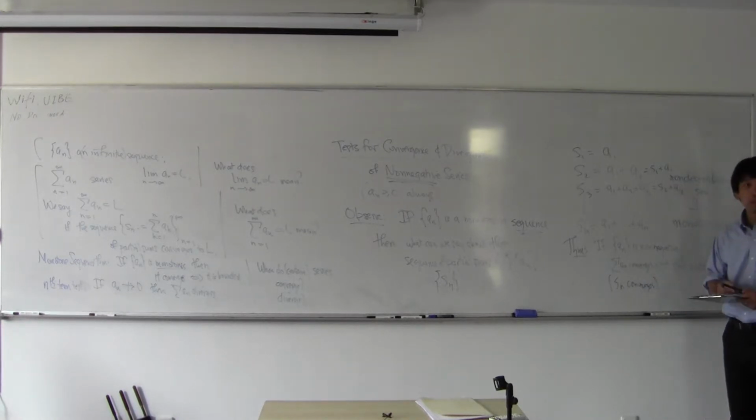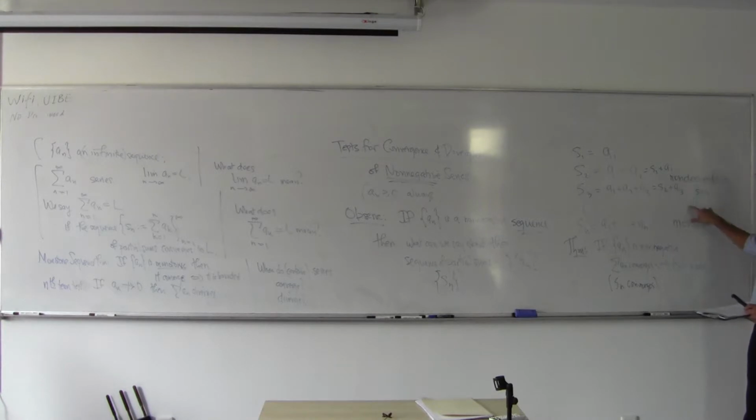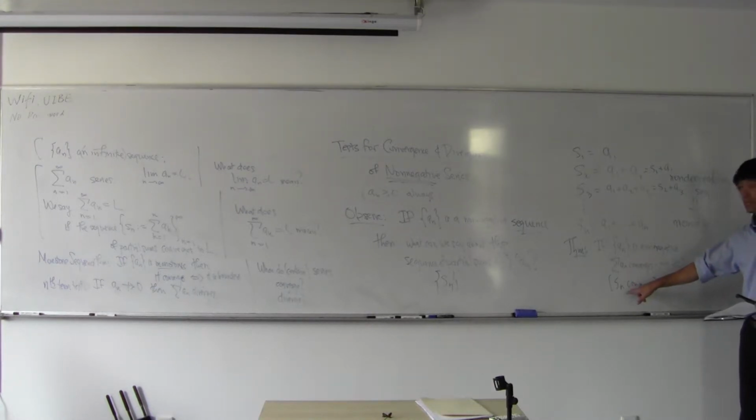Now, we just said the sequence of partial sums is monotonic, and over there we said if you're monotonic, you converge if and only if you're bounded. So that's all that's going on here. In other words, the series converges if and only if the sequence of partial sums is bounded.